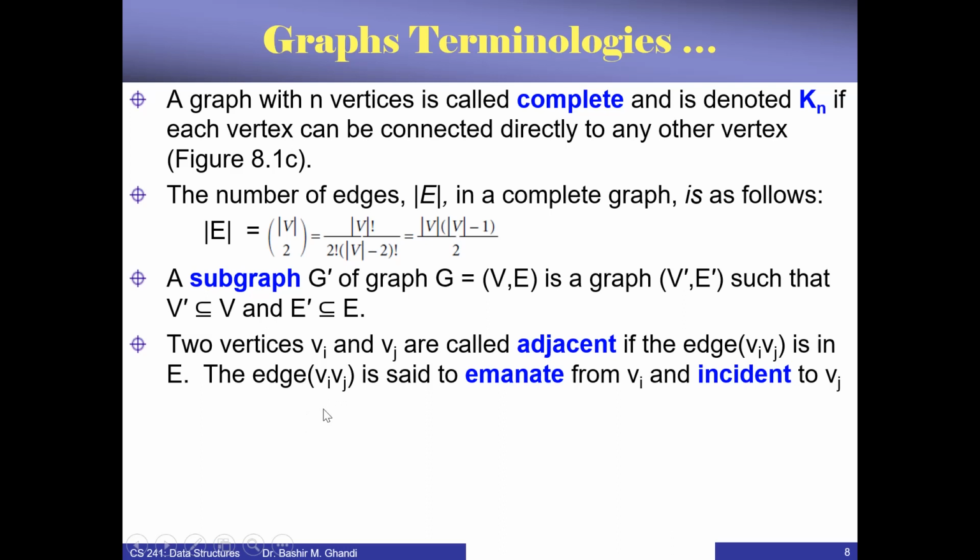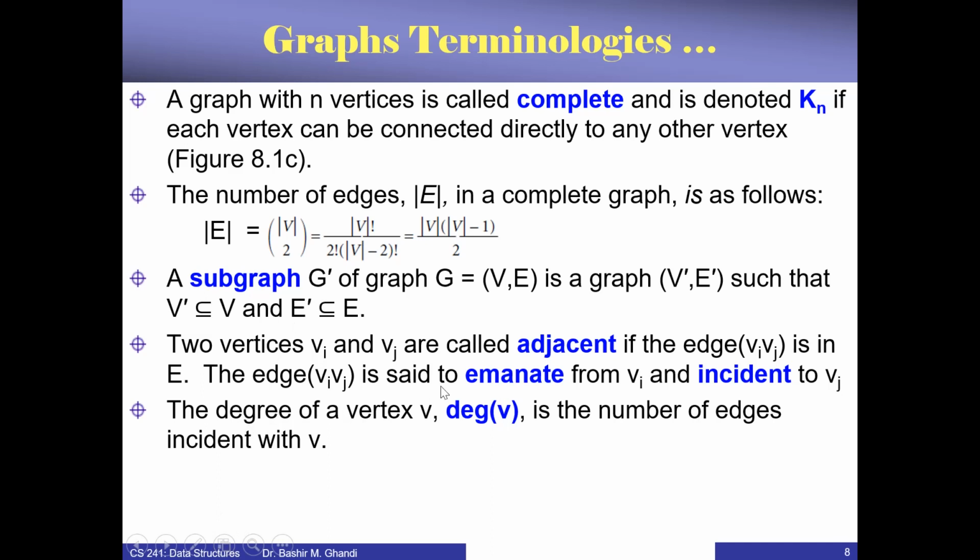It's just connecting the 2 vertices, and is also considered to be incident to both Vi and Vj. But for a directed graph, if you have an edge Vi, Vj, the arrow is from Vi to Vj, and therefore the edge is said to emanate from Vi, and it will terminate in Vj, therefore the edge is said to be incident to Vj. We will see more examples of this as we continue.